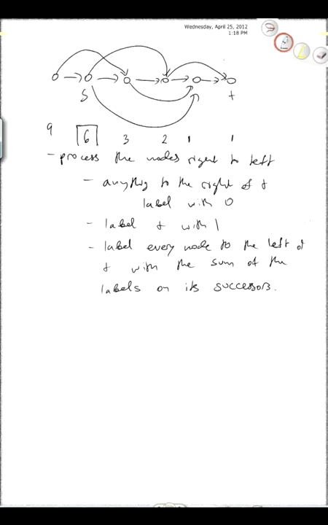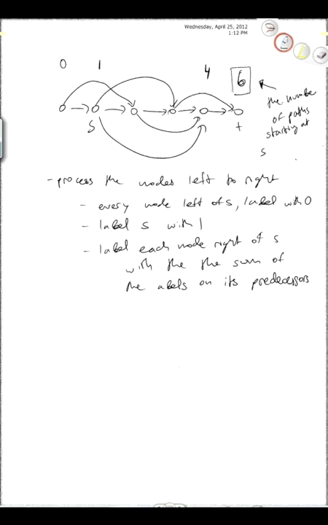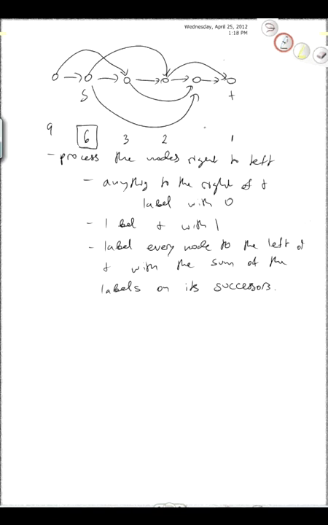So hopefully this 6 now, that's a label on S, which should be counting the number of paths from S to t, is the same as the 6 that we got earlier, which also counted the paths from S to t, but in a different way. But of course, the nodes in between here are going to have very different labels in the two different algorithms, because these labels now mean the number of paths to t.